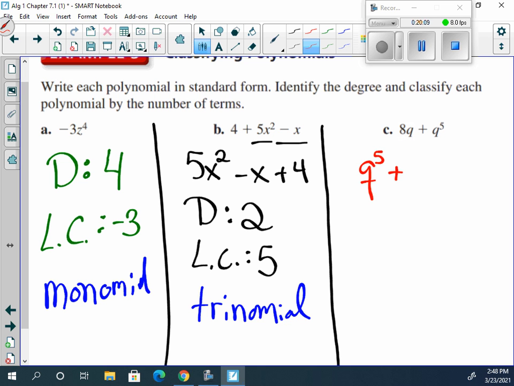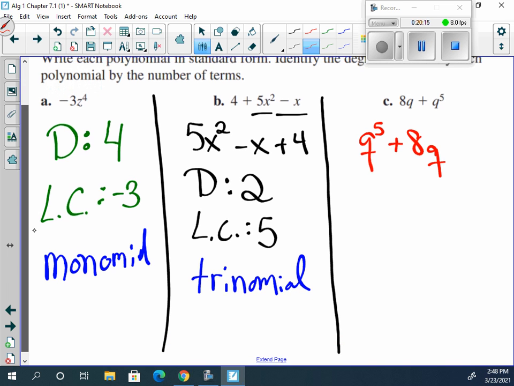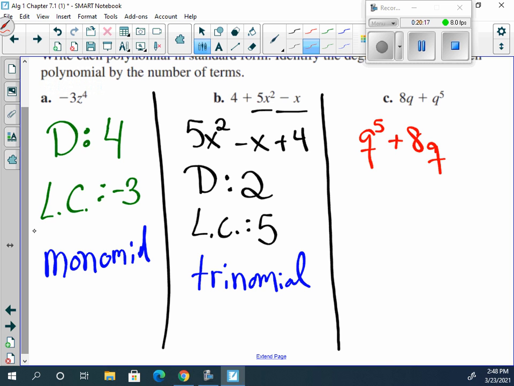And that really leaves us with plus 8q. Now the degree for this here would be 5. Now what would the leading coefficient be? 1. Because since there's not a number written in front of q to the 5th, it is understood to be 1.